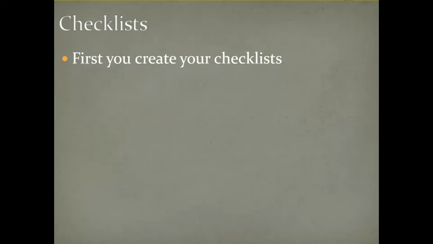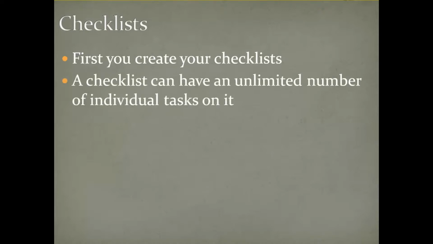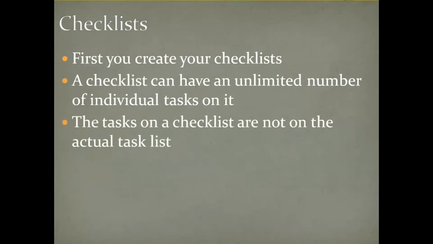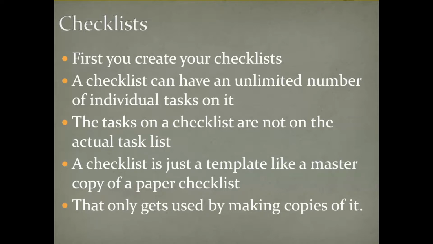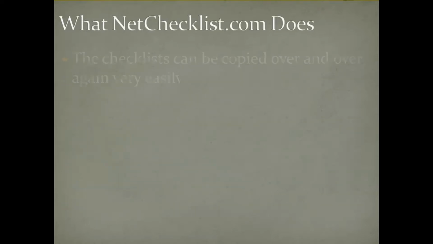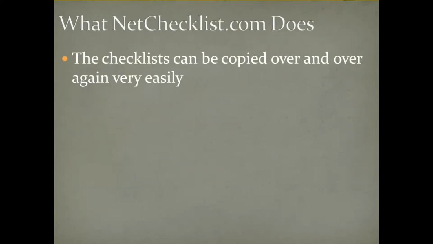So in the application, you first create your checklists, and a checklist can have an unlimited number of individual tasks on it. Now, the tasks on a checklist are not on the actual task list. A checklist is just a template, like a master copy of a paper checklist that only gets used by making copies of it. The checklist can be copied over and over again very, very easily.